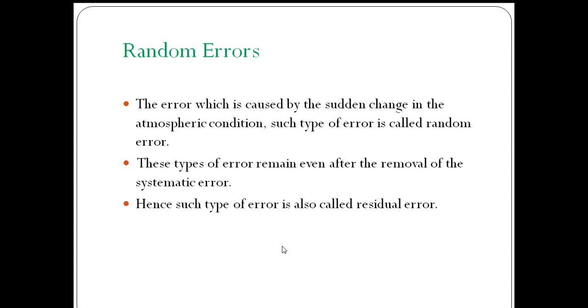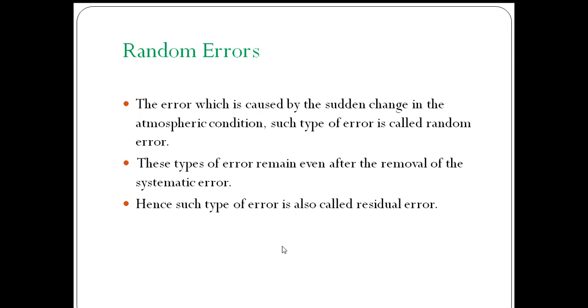Because of that, the measured value will differ from the exact value of the measurement. So the error due to sudden change in atmospheric condition is called a random error.